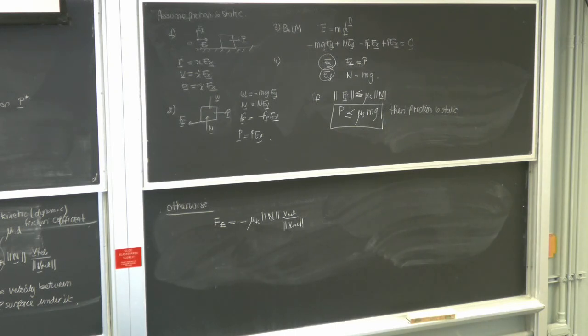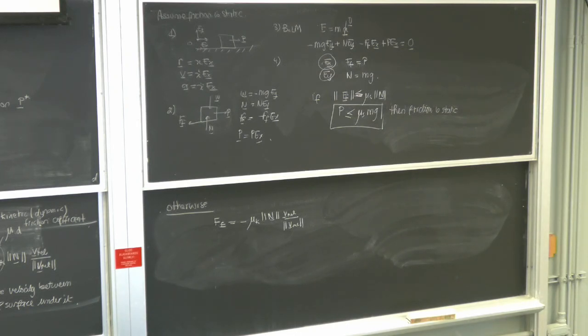Is the normal force still equal to mg? Raise your hand for yes, normal force equal to mg? Yeah, if F equals ma along Ey, you're still going to get the normal force equal to mg.